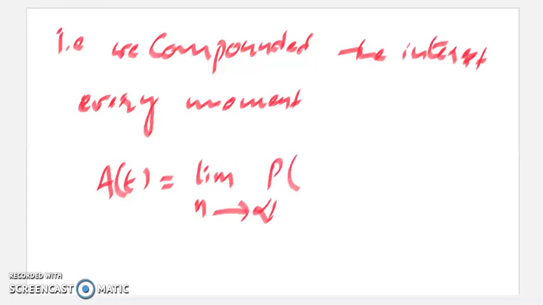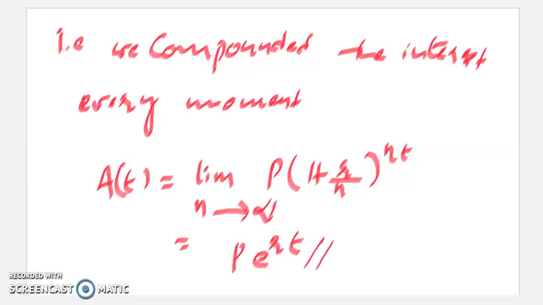P of (1 plus r by n) whole power nt. This can be simply written as P into e power rt.